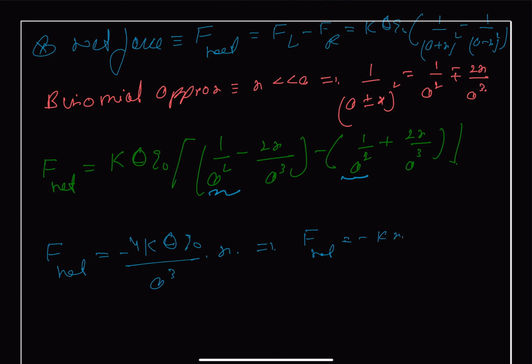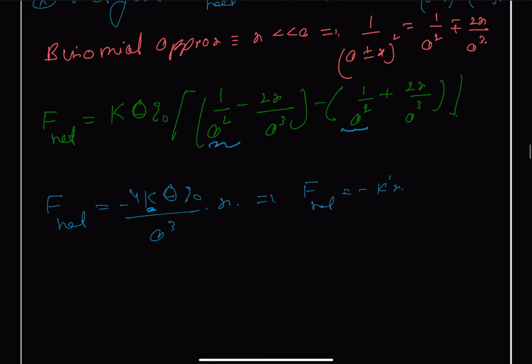Let me write this as k prime in order to differentiate from this k. So if you make a comparison, we can say our k prime will be equal to 4 K Q Q naught upon a cube.